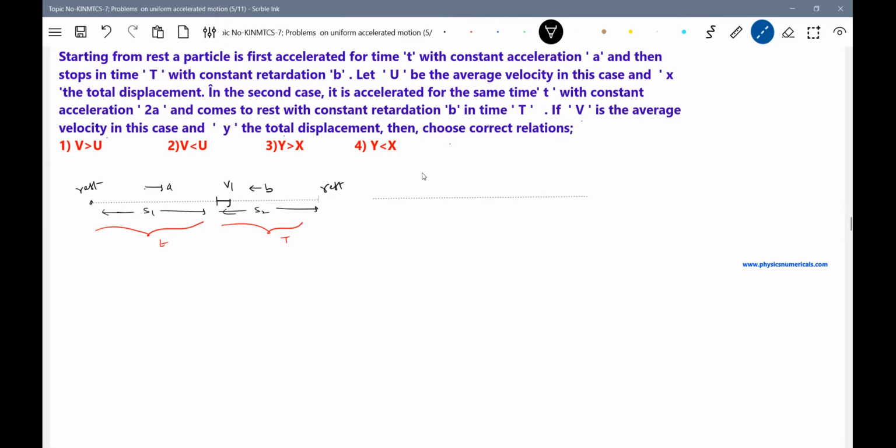Let's see what all equations. Again, the particle will start from rest. It will come to rest. It will accelerate for the same time. Definitely the distance covered has to be different, but the time will be the same.